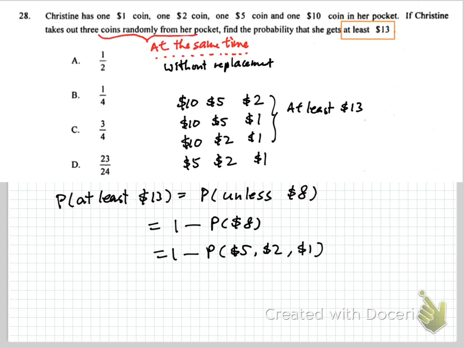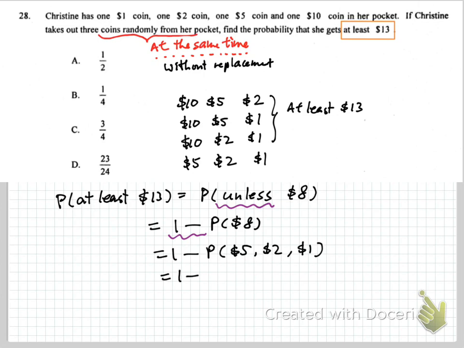Am I right? At least 13 means unless you get $8, so it is 1 minus the probability of $8. So how do you get $8, right?